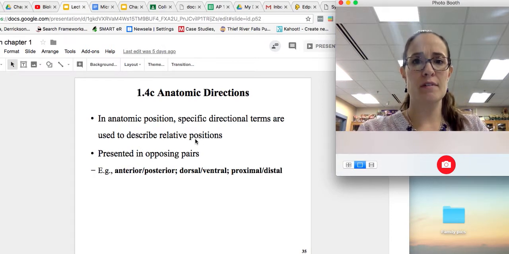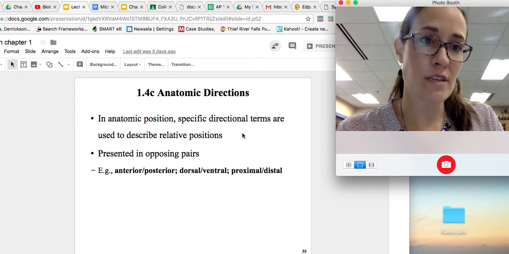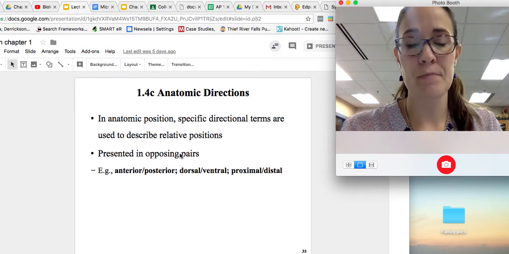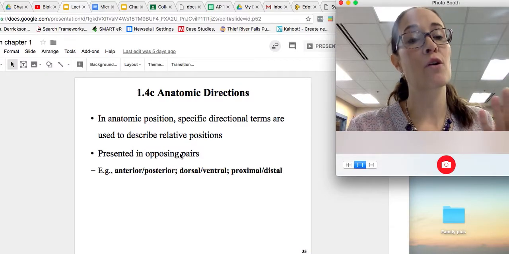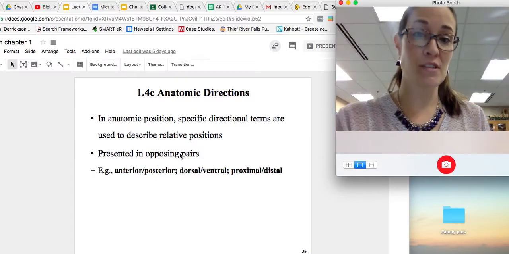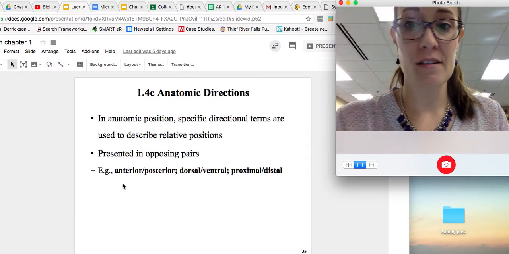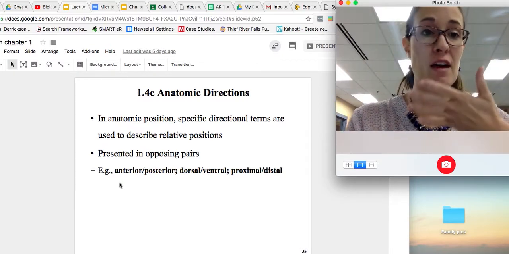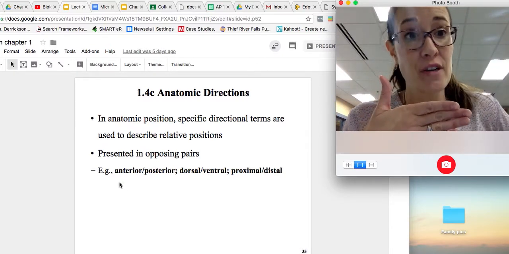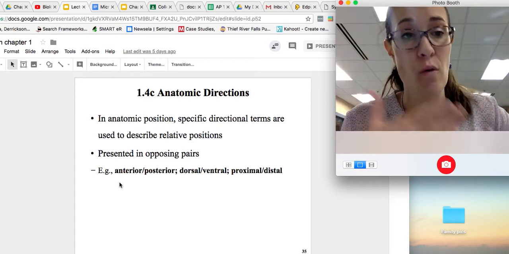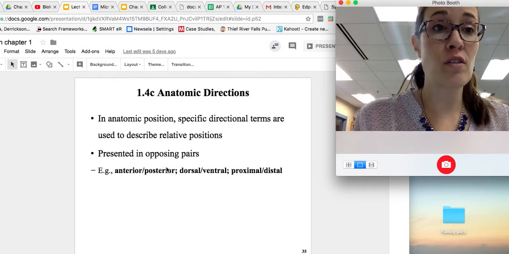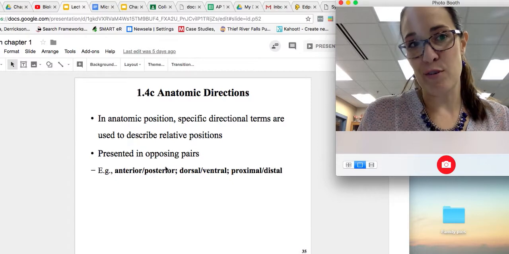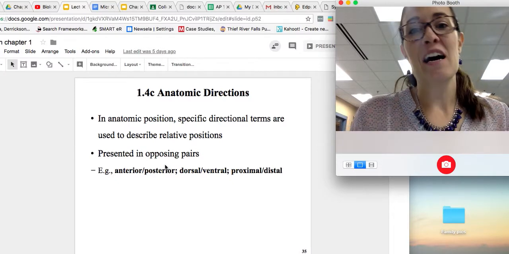So directional terms are important, and they're in pairs, and they're used to describe relative positions of the parts of the body. Example, anterior is front, posterior is back. Dorsal and ventral. There's two names for front and back.